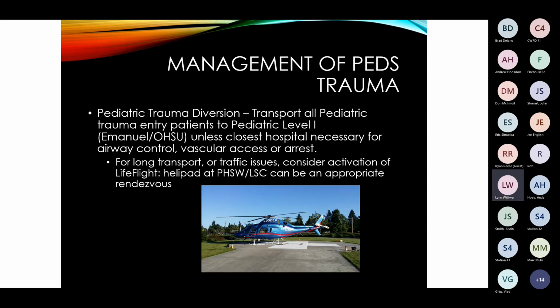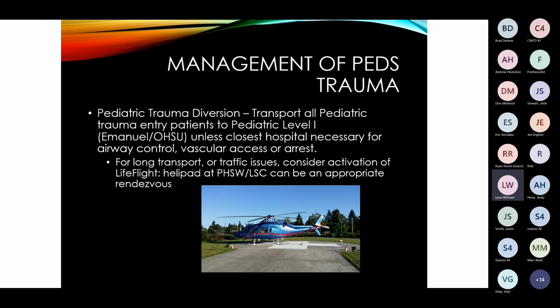Now, pediatric trauma. Under your protocol, we transport all pediatric trauma entry patients to a pediatric level 1 hospital unless the closest hospital is necessary for airway control, vascular access, or if the child's in arrest. We would not divert past a hospital for stabilization or attempted stabilization.